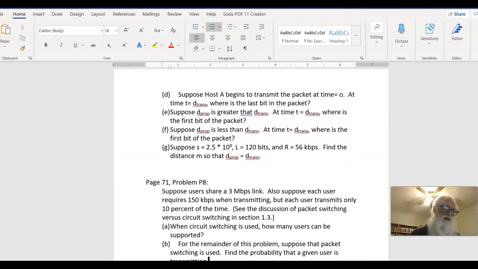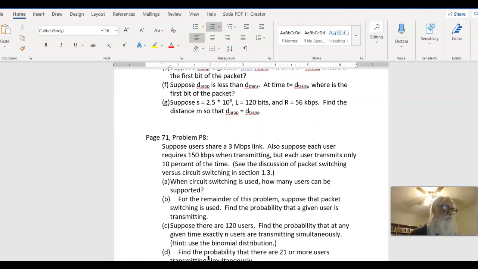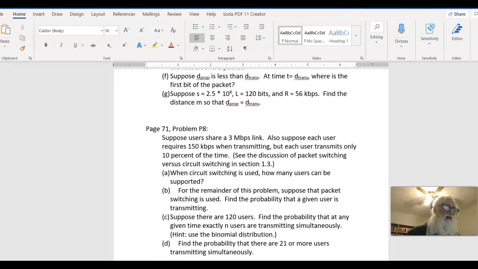This one is the one I was more interested in. We have a line that can send 3 megabits per second. We have a user that sends 150 kilobits per second when they are transmitting, but they only transmit 1/10 of the time. Now, if we use circuit switching, we have to set up one line for each user.